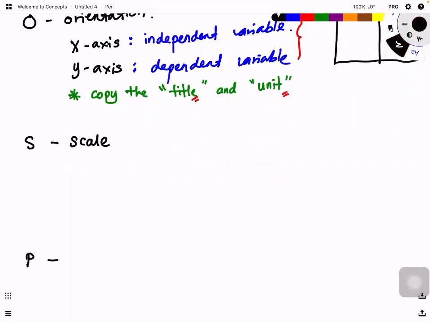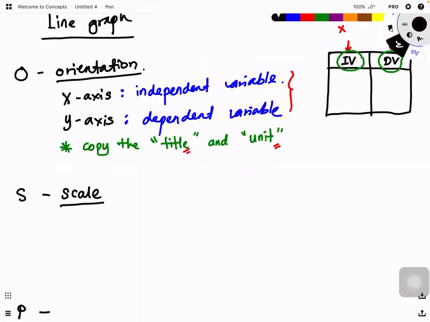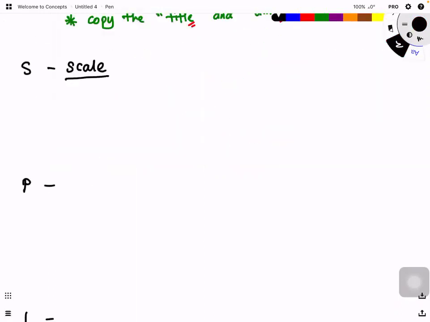S stands for scale. So what is scale? Scale basically means that you want to make sure that when you plot the graph, you occupy at least 50% of both axes. Are you clear?